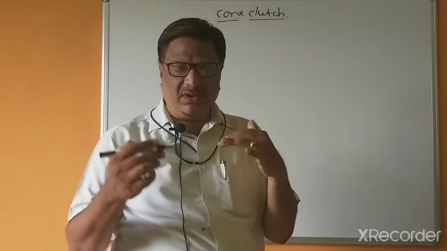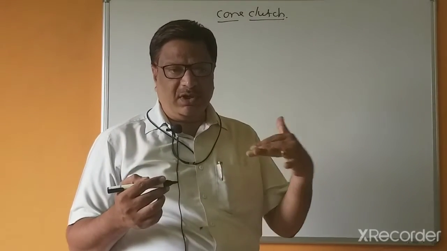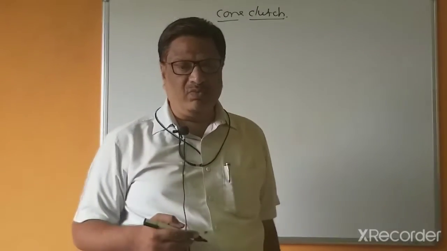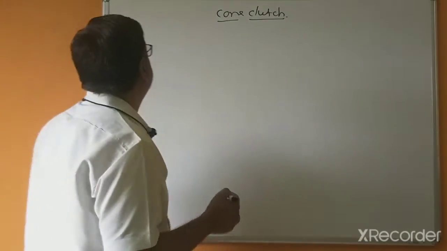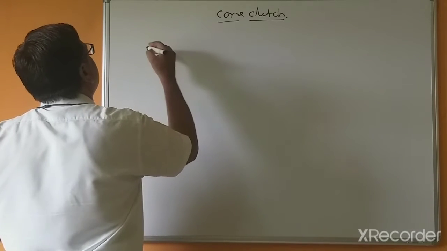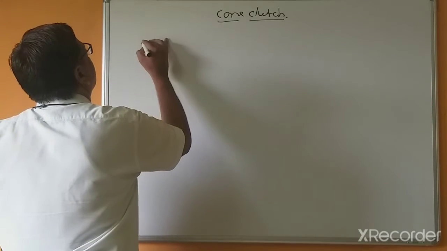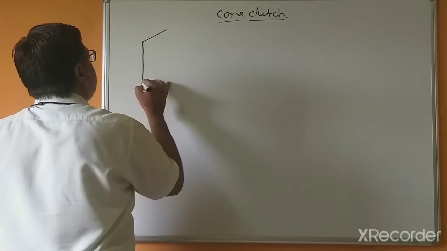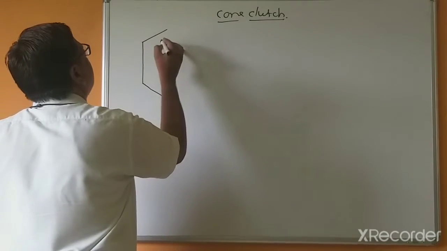Instead of a single plate or multi plate clutch, if power is to be transmitted more efficiently, then we can use a conical clutch. In a conical clutch, some inclination is required. Such type of cone.